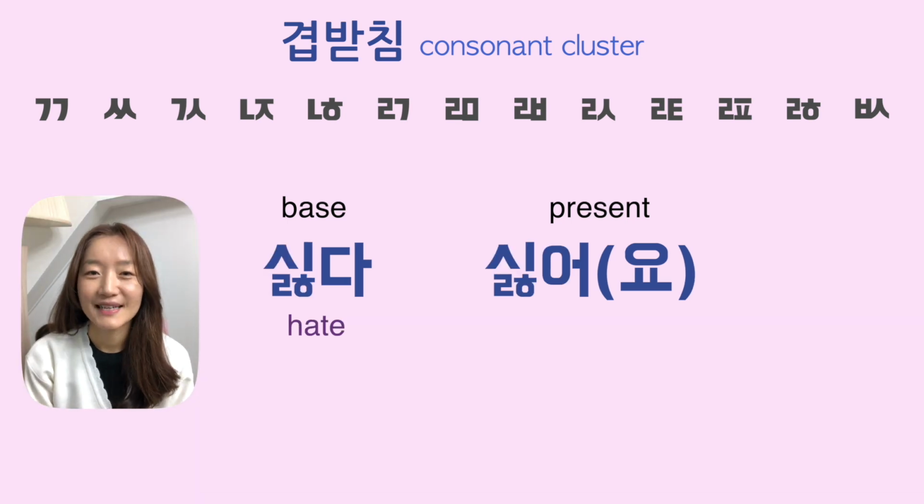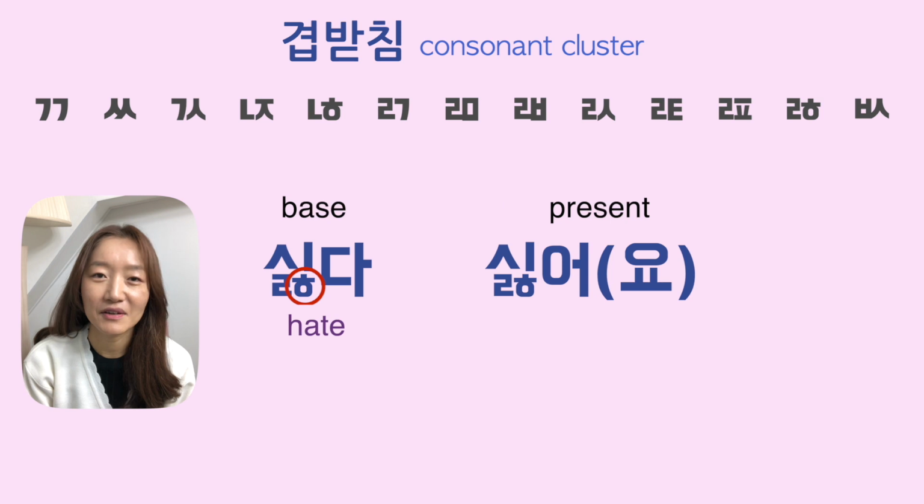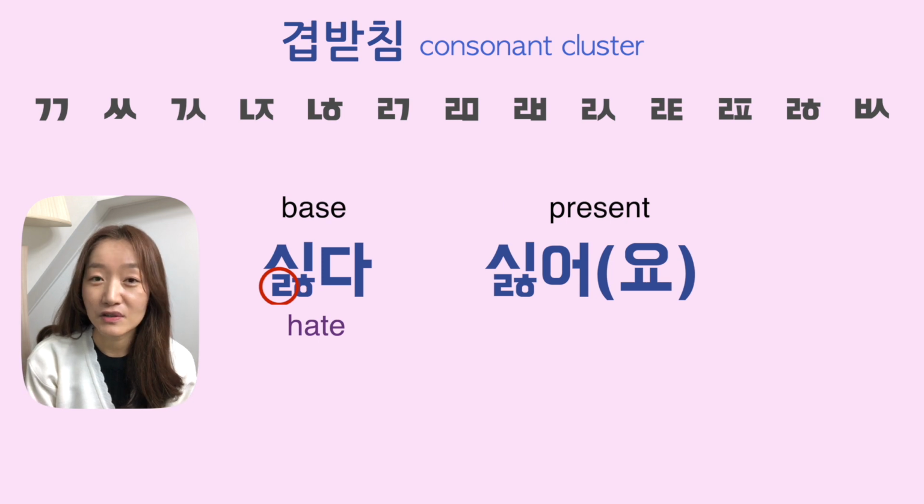Next word. 싫다. Oh my god, how come that sounds like 타? That's because of this consonant hit in the consonant cluster. So 실, the verb stem, we take only the first one, huh?